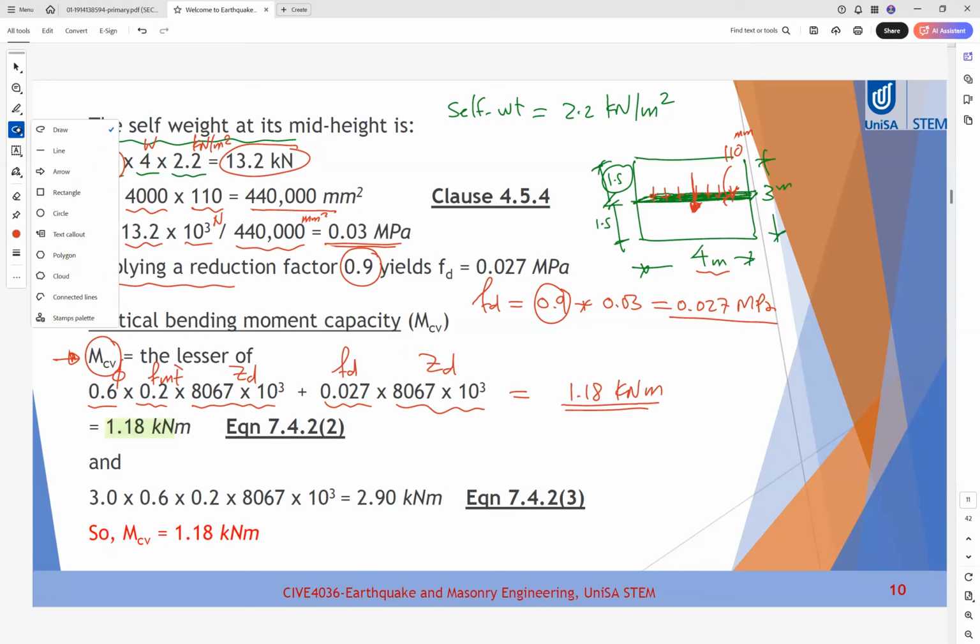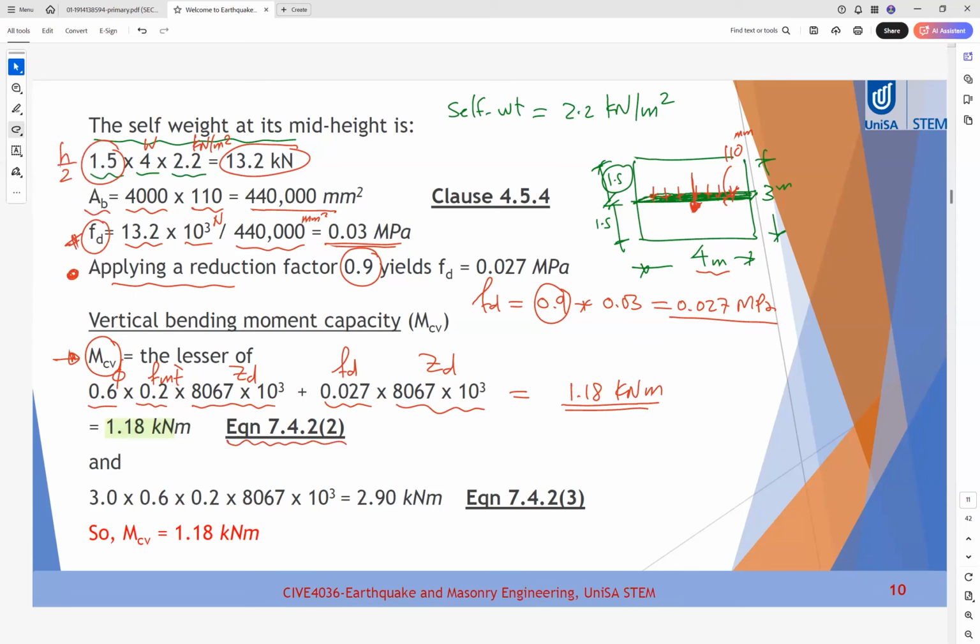This formula is 7.4.22. And the second one we will select from. So this is our first one, and this is the second one. The second one is 3 times phi. So this is phi times FMT dash, the strength in flexion or in bending, times ZD, equal to 2.9 kilonewton meter.